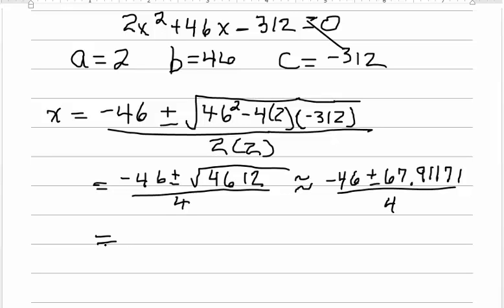All right, so when I calculate the result that comes from subtracting negative 46 minus 67.91171 divided by 4, obviously I'm going to get a negative answer.